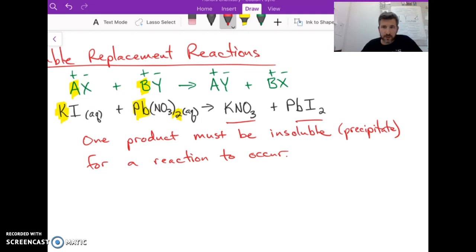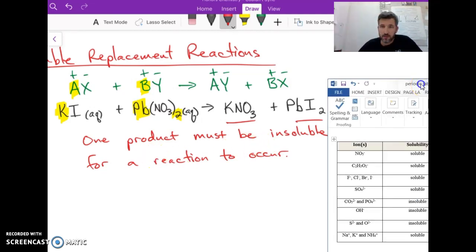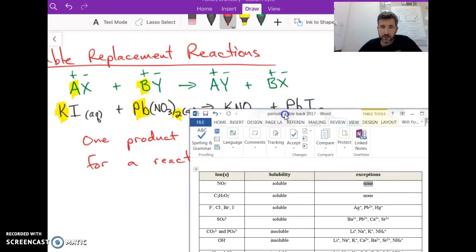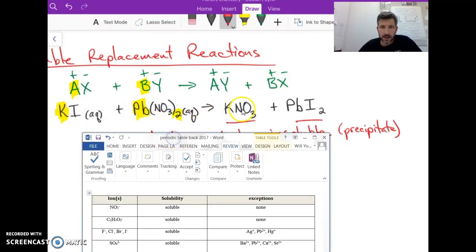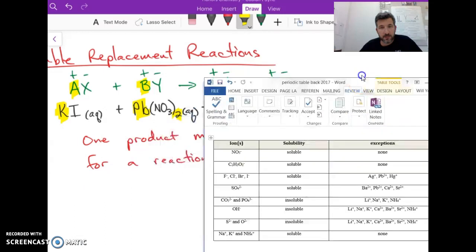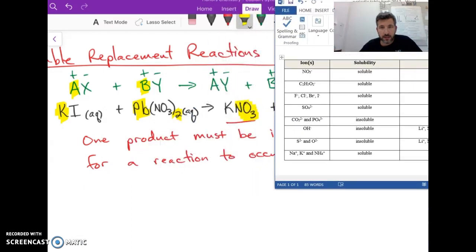The way we figure this out is also in the back of your yellow periodic table, and that is your solubility rules, which look like this. So what we do is we go through and we look at the solubility rules for each substance. So in the products I have potassium nitrate, and our solubility rules are going to be defined in terms of the negative ion. So all I have to do is find in my solubility rules the rule for nitrates, and it's right there at the very top.